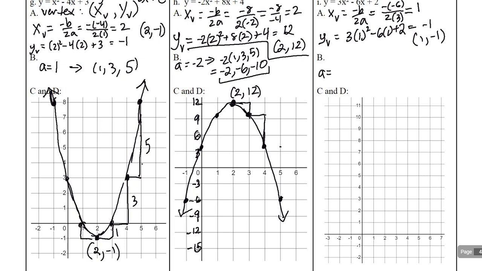My a value is 3. So my step pattern will have 3 multiplied by all its values. 3 times 1, 3, and 5, which will be 3, 9, 15. Okay. My vertex is at (1, -1). Okay. Go over 1, up 3.